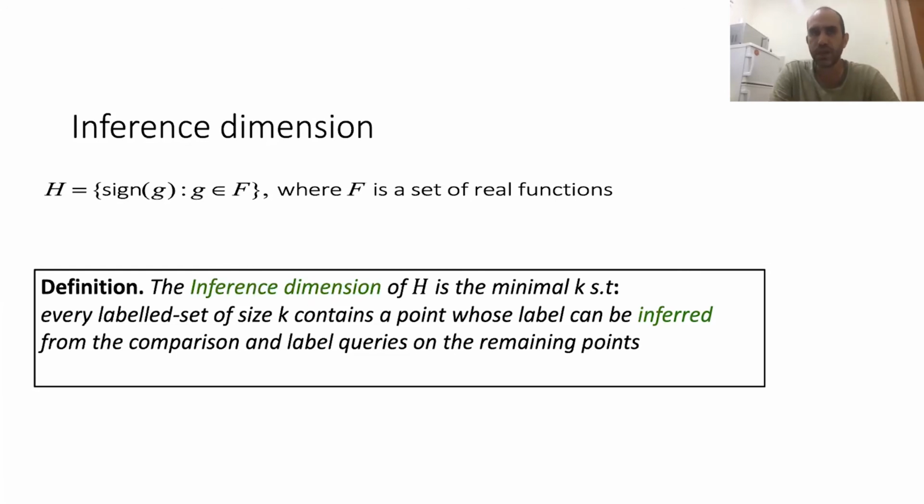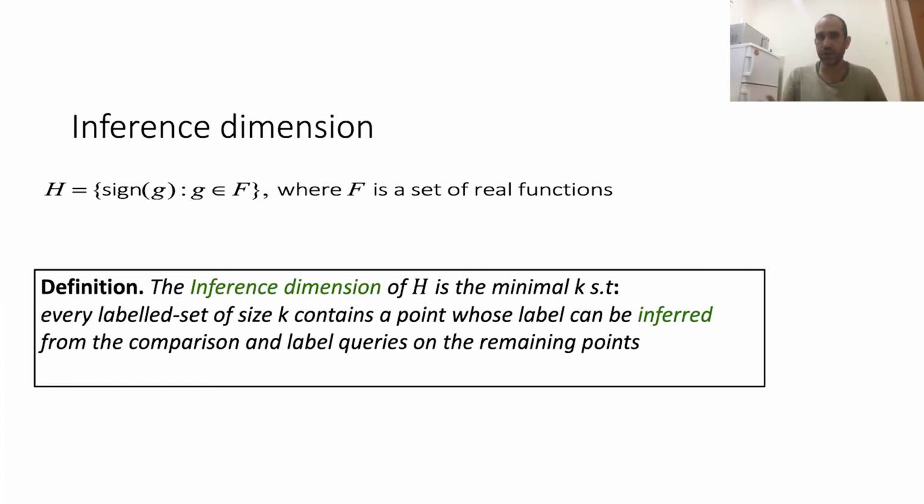So the inference dimension of this class H is the minimal number k with the following property: every labeled set of size k must contain one point whose label can be inferred from asking the queries on the remaining k-1 points.